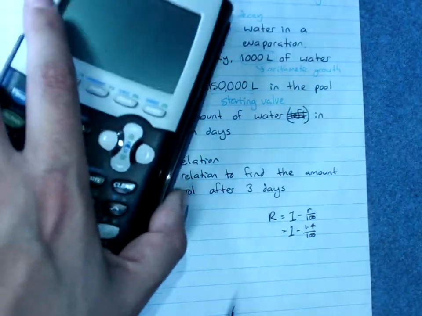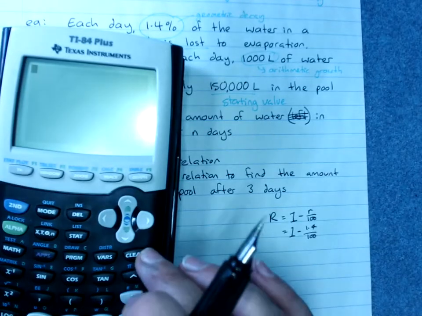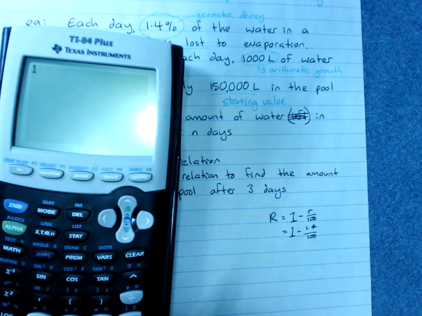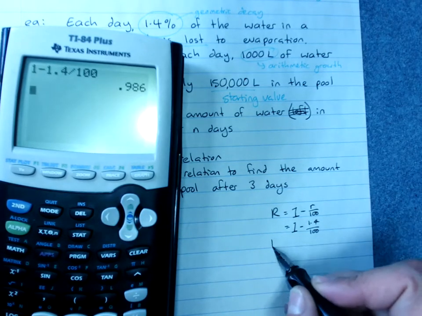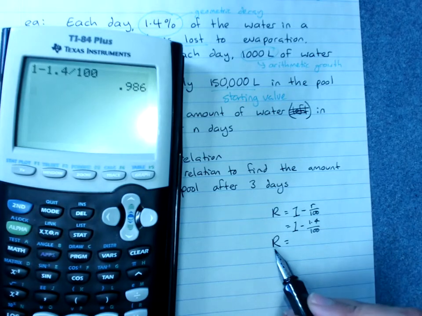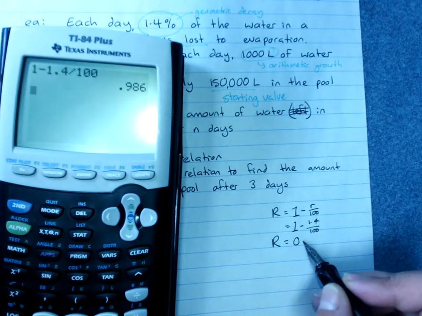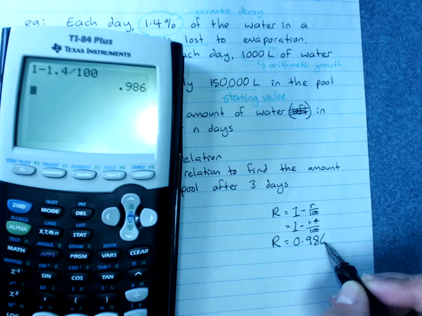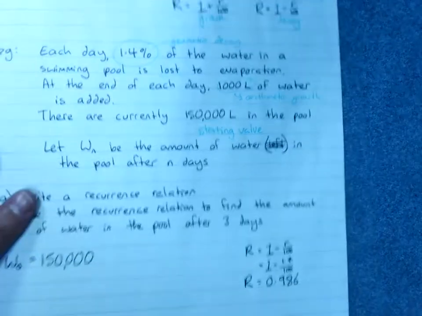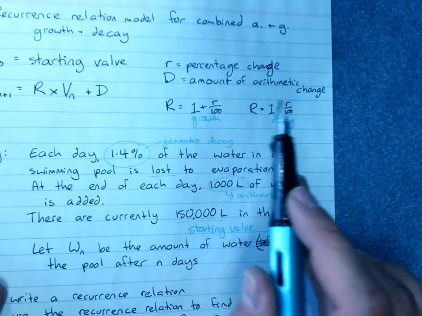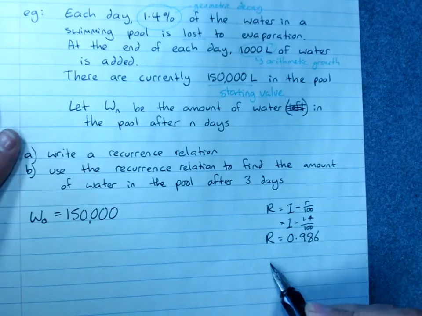Use your calculator if you need to. Our common ratio is 0.986. We need to find D, the amount of arithmetic change.